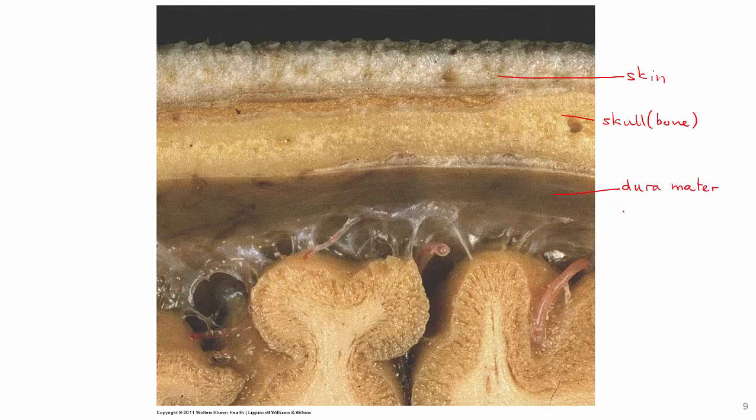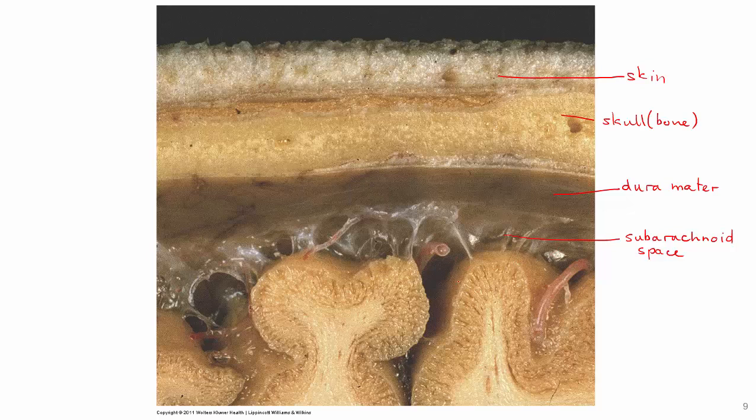The dura is a really thick layer made up of fibrous connective tissue. This layer is a space really that is called the subarachnoid space, and you can see it has tiny blood vessels, especially the arterial blood supply that runs in the subarachnoid space.